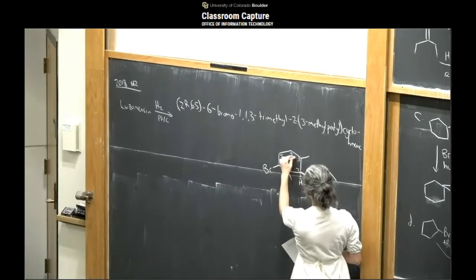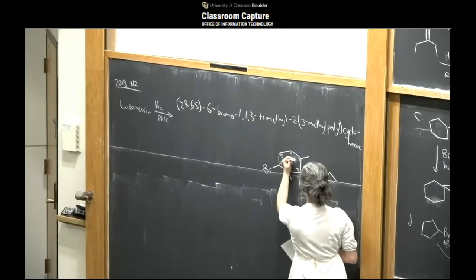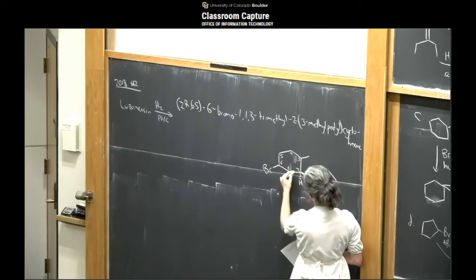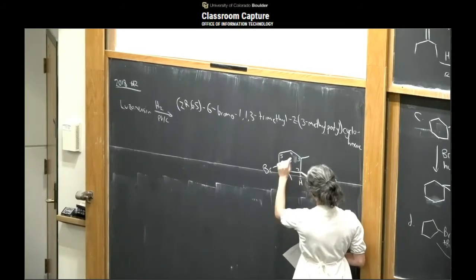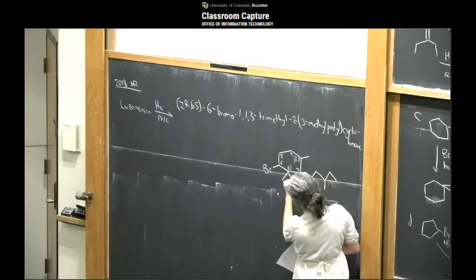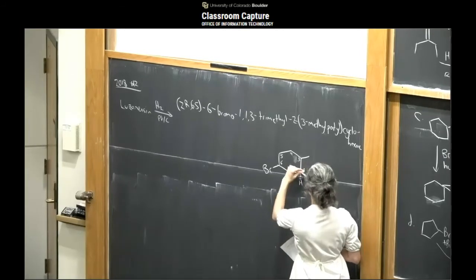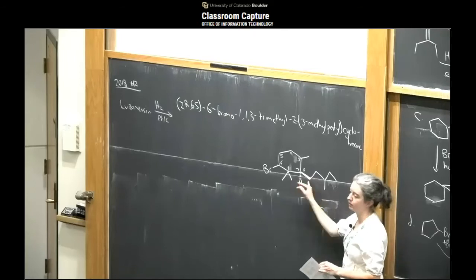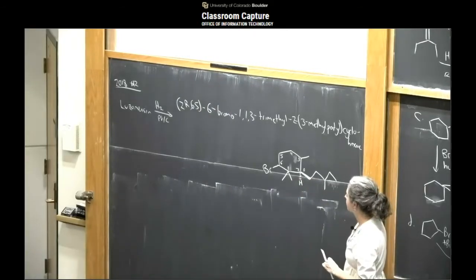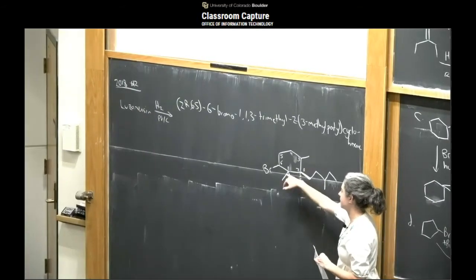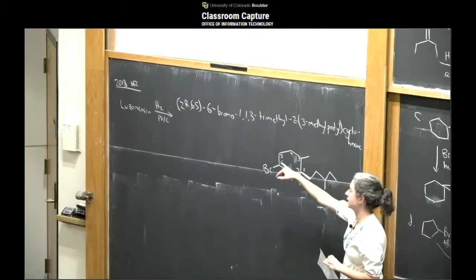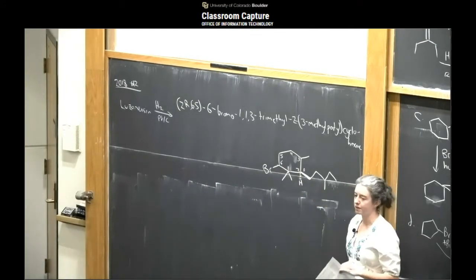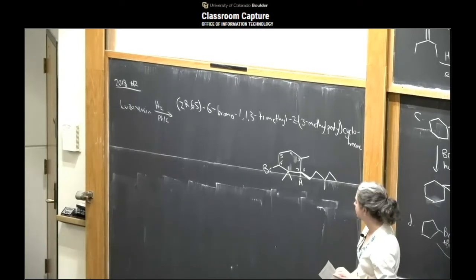Priority 1, 2, 3, so I'm going R, and luckily it was supposed to be 2R, so my guess just happened to get me the right answer. If it had turned out to be S, then I could just flip bold and dash and I'd have the right stereochemistry. Guess and check is probably the easiest way when you're drawing out the stereochem for a structure, because there's only 2 possibilities, and if you pick the wrong one, you can flip it real easily.